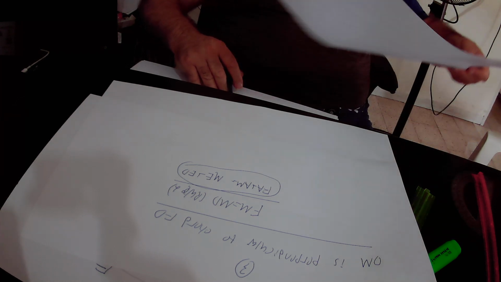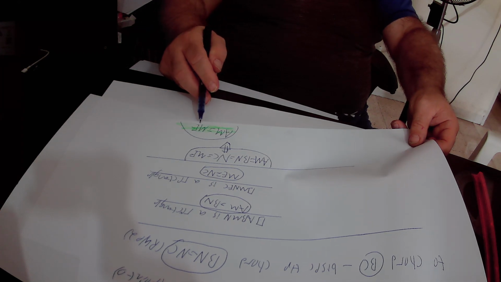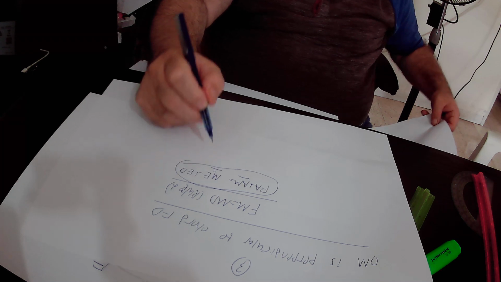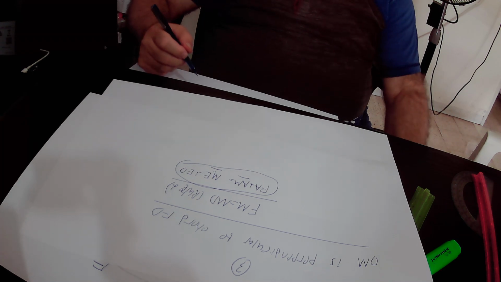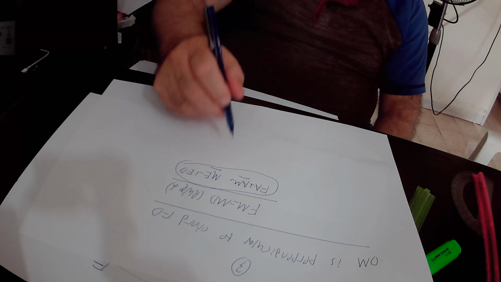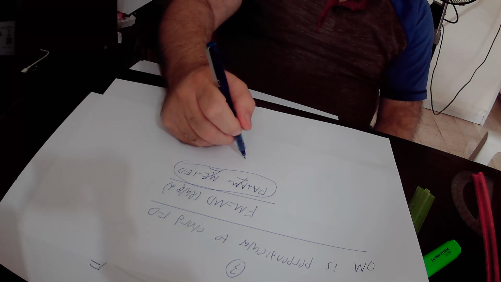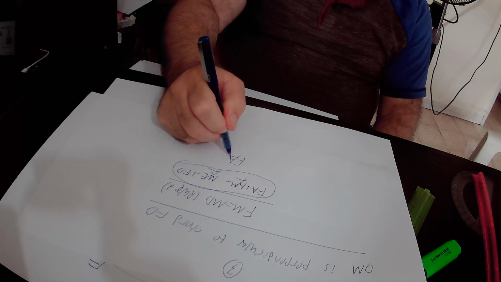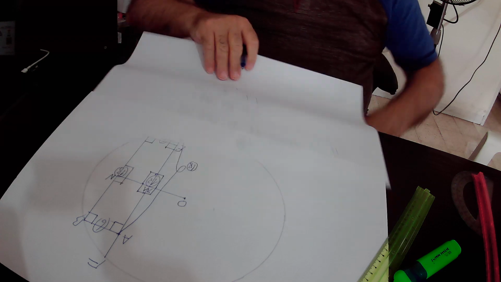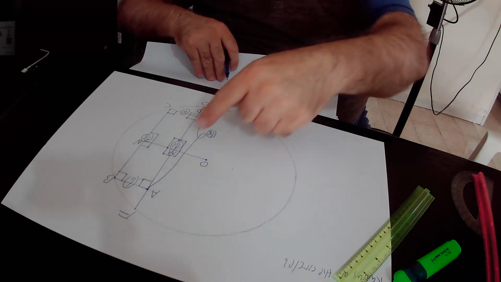But we have already found out that AM equals ME. Because those two line segments are equal to each other, we can cancel them out from the equation, and we're left only with FA equal to ED.